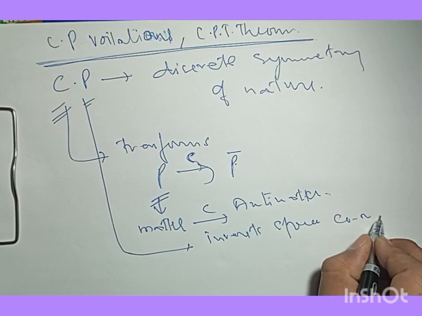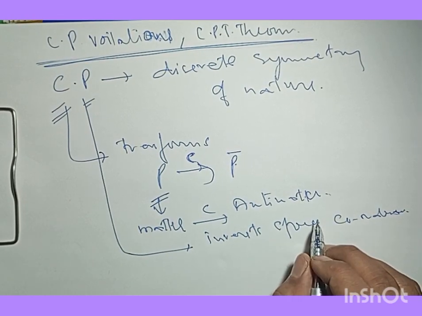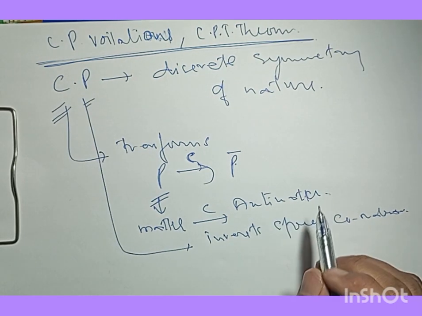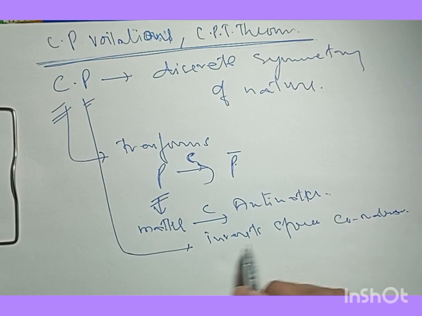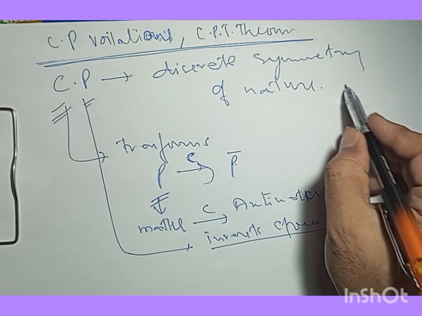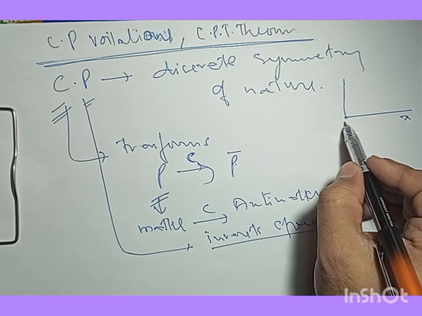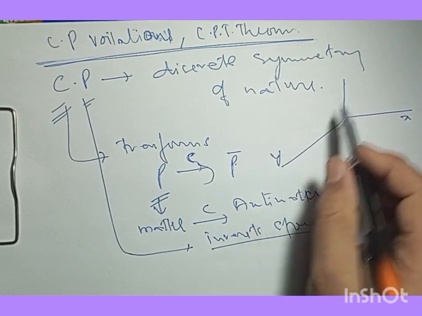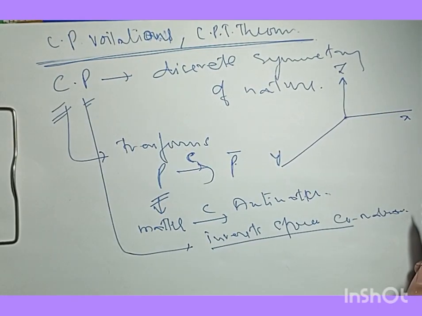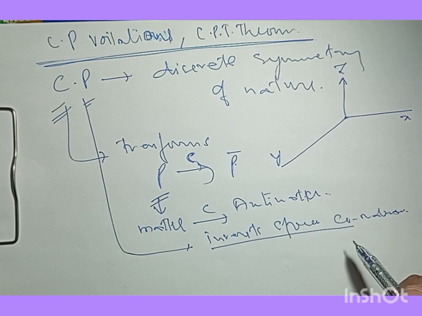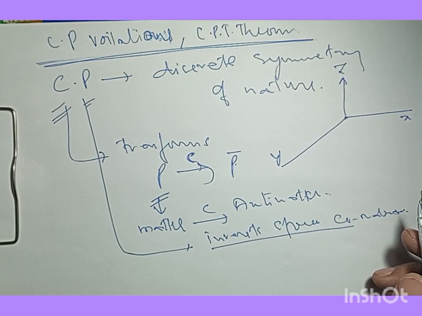If we have a coordinate system with x, y, and z, it inverts the x coordinate into minus x, the y coordinate into minus y, and the z coordinate into minus z. So it basically gives a mirror image of the space coordinates that we have.